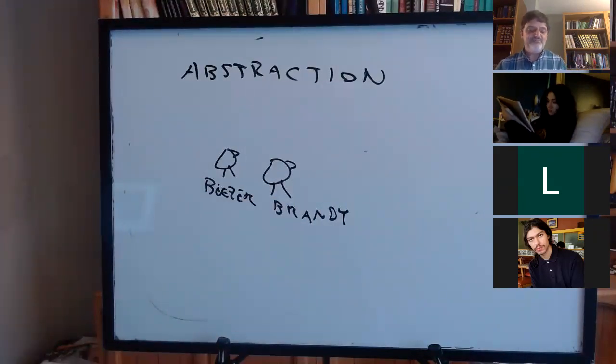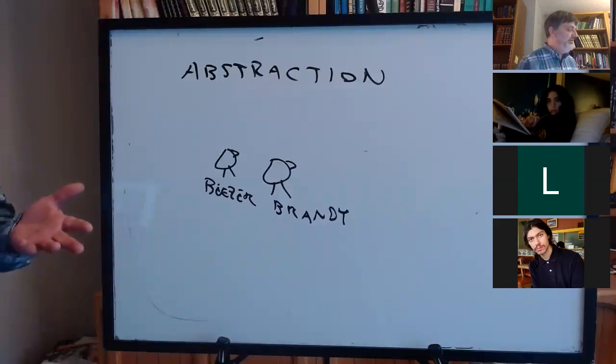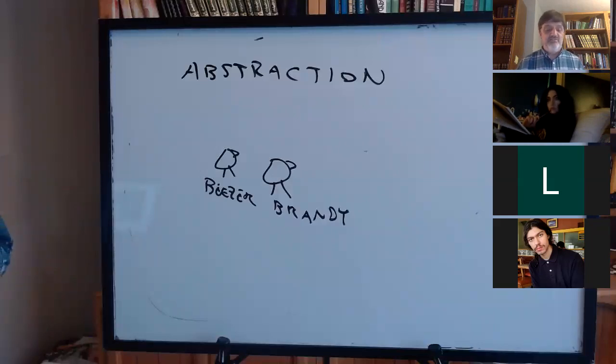Beezer and Brandy are not identical to each other in the sense that they're not numerically identical, right? There's two of them. They're not the same as each other, but they're also not absolutely similar to each other. Beezer has certain characteristics that Brandy doesn't. I think Beezer is bigger, for example, if I'm remembering correctly.